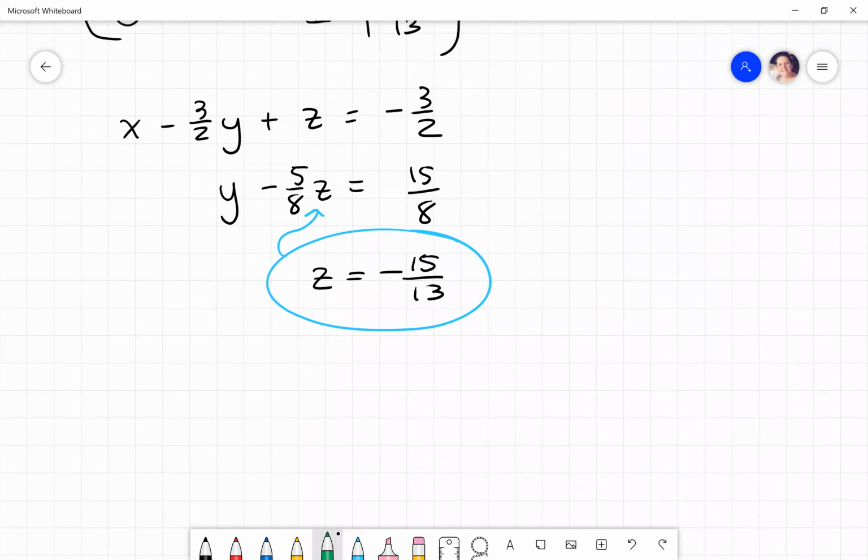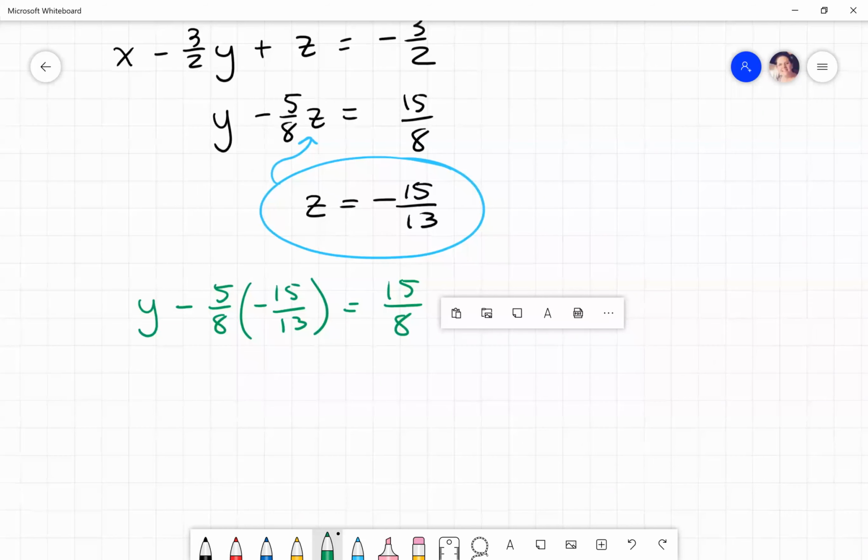I'm going to do it in green. Okay, so we're going to get y minus 5/8 times z, which we know is -15/13. And that has to equal 15/8. Man, isn't this lovely? All right, so that's going to give y plus whatever 5 times 15.